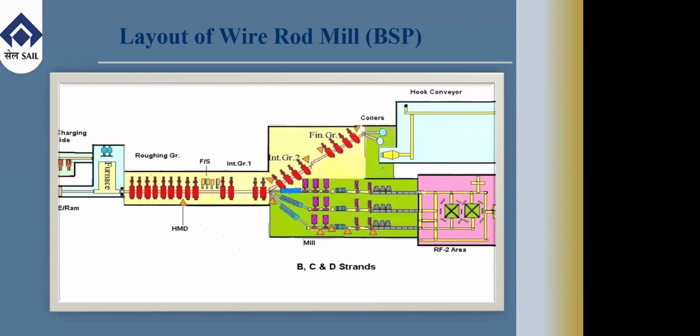There is a dedicated platform where these coils are taken on a conveyor, and these front ends and back ends are cut in the mill itself. But unfortunately, this wire rod mill is a very old mill, and when it was set up, this kind of thing was not envisaged. In fact, in the 1960s, there was no concept of TMT itself.